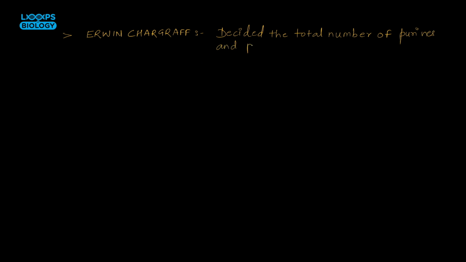So one scientist was Erwin Chargaff, who has played a role in the structure of DNA, deciding the total numbers of purines and pyrimidines in DNA.